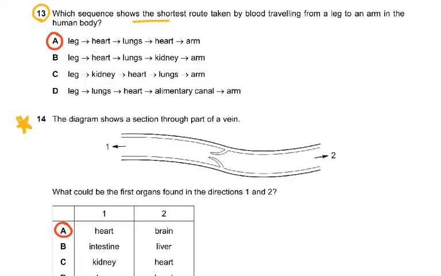Question 13. Which sequence shows the shortest route taken by blood traveling from a leg to an arm in the human body? For that we need to know the circulation.